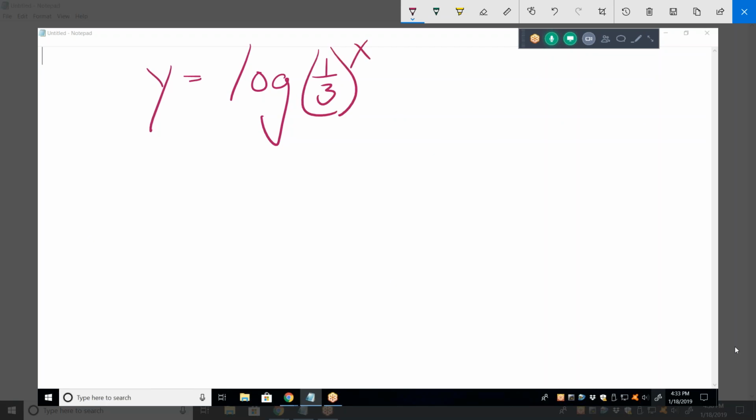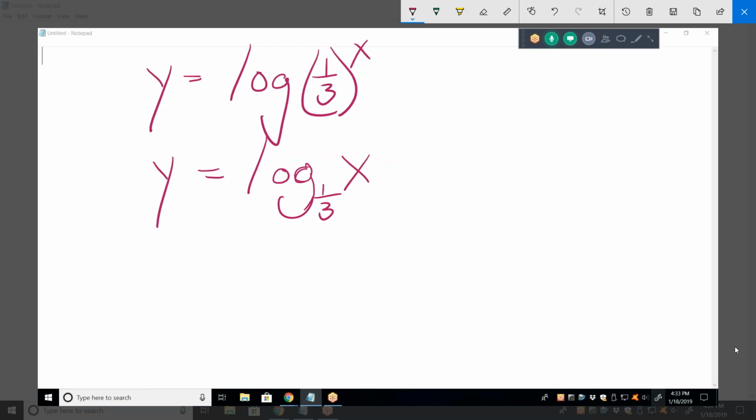Like that. So more like this. Better? The difference is, when I write it like this, the 1/3 is the base.